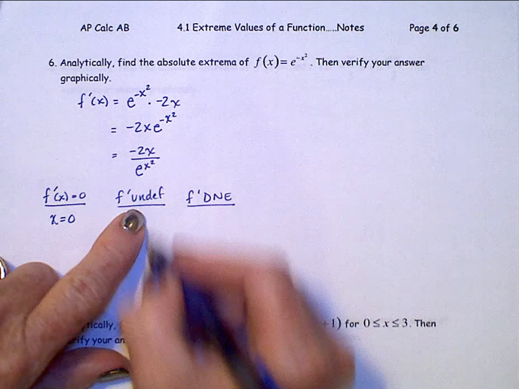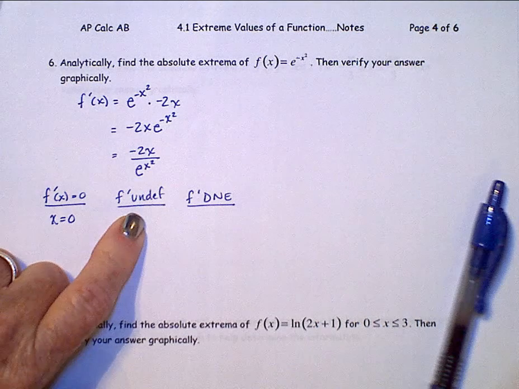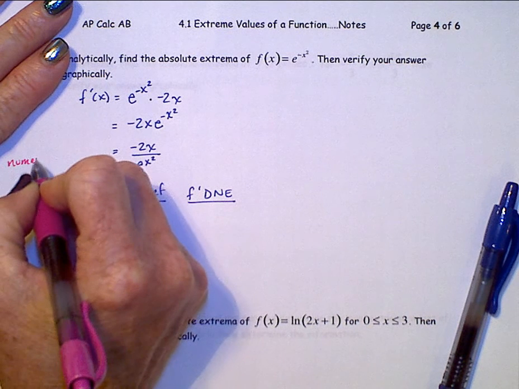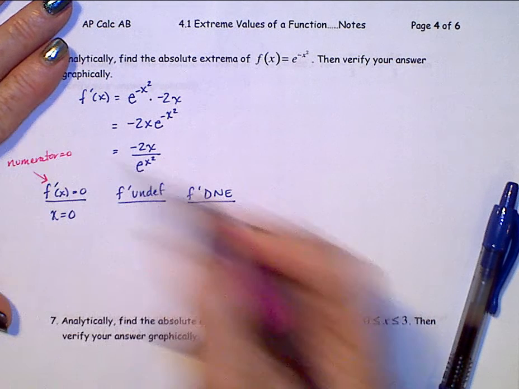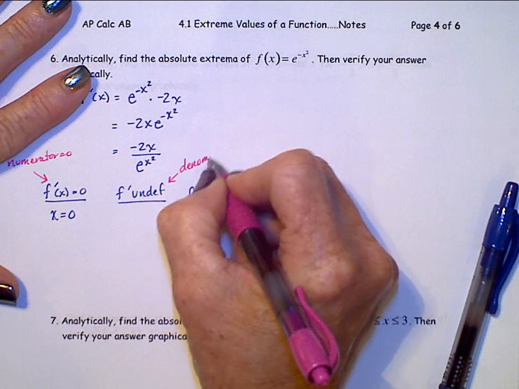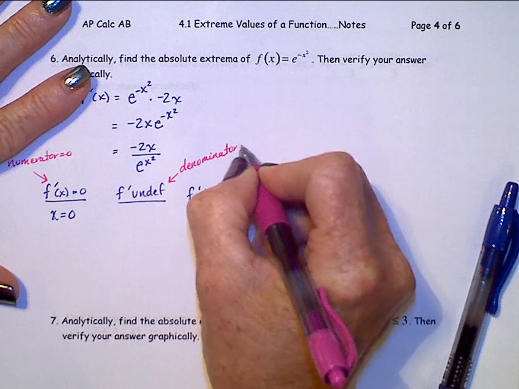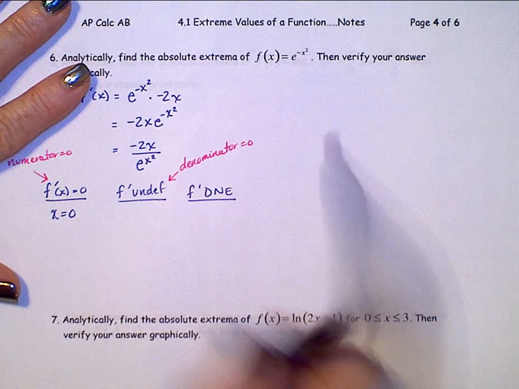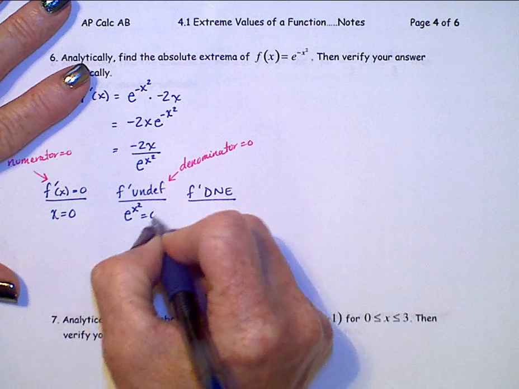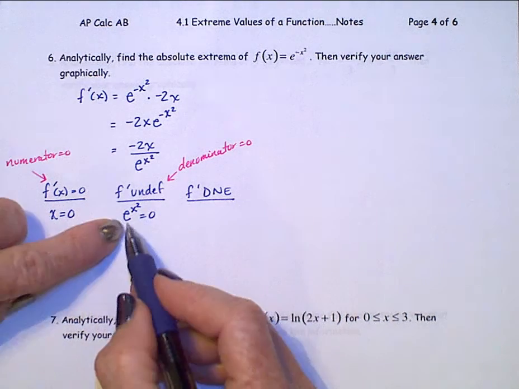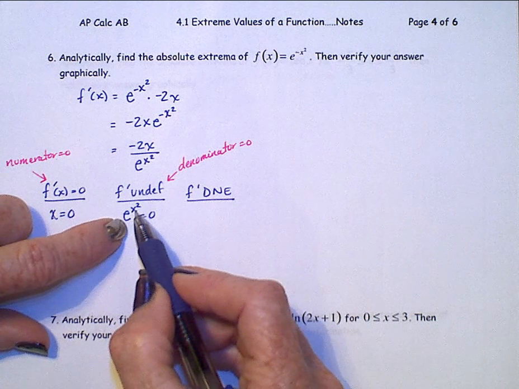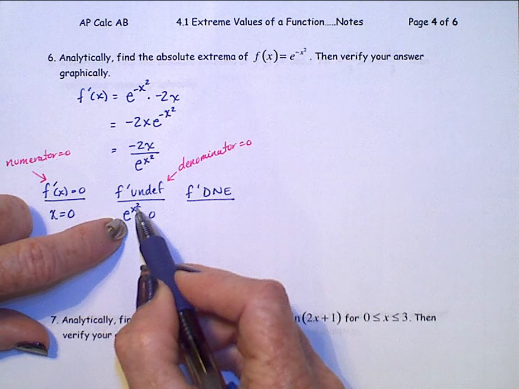F prime undefined, that's looking for, let's jot this down, numerator equals 0. F prime undefined, that's denominator equals 0. Alright, so we want to know where the denominator e to the x squared could ever equal 0. Well, e is a number, 2.718. 2.718 to any power, regardless what x is, that'll never equal 0.